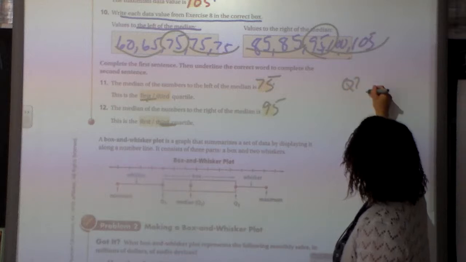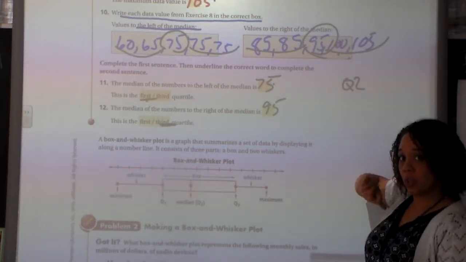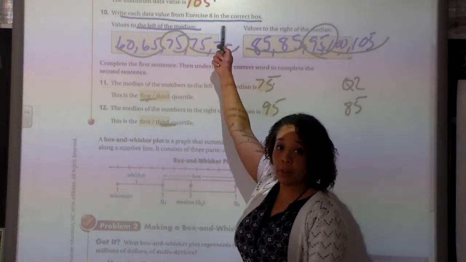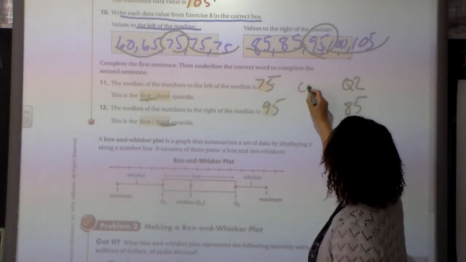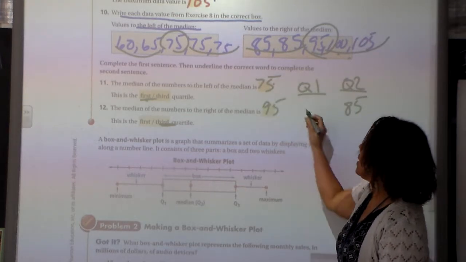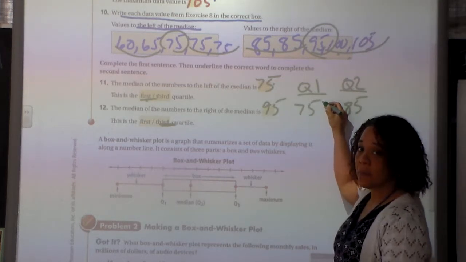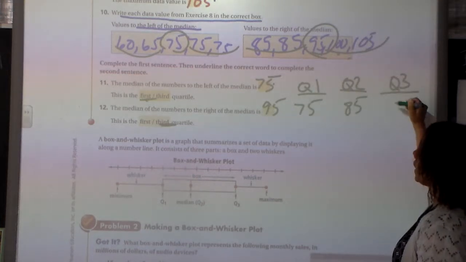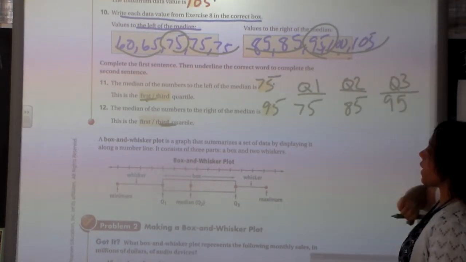Remember, our second quartile, also written as Q2, was 85. That was the original median. Our first quartile, also called Q1, was 75. And our third quartile, also called Q3, was 95.